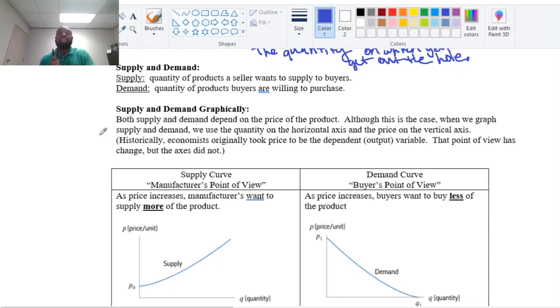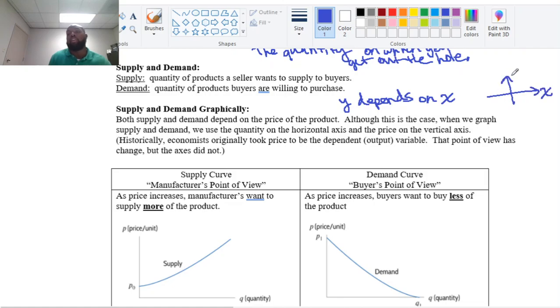Y always depends on X, right? When we think about functions, Y is a function of, another way that we can say that, depends on X, right? And when we graph them, we put on our horizontal axis X and on our vertical axis Y, right?